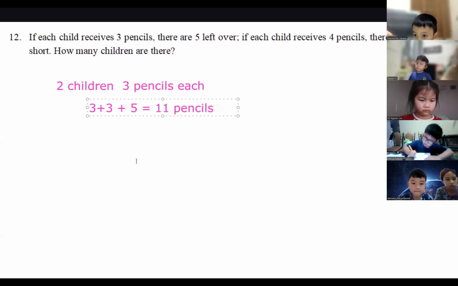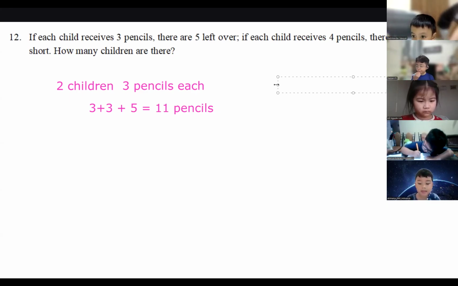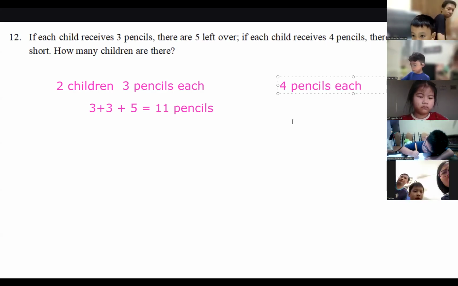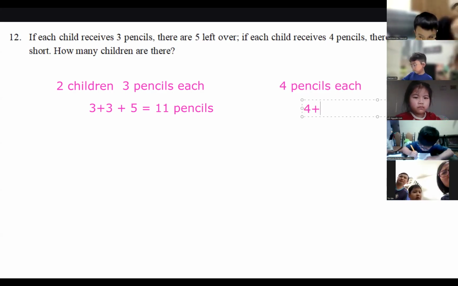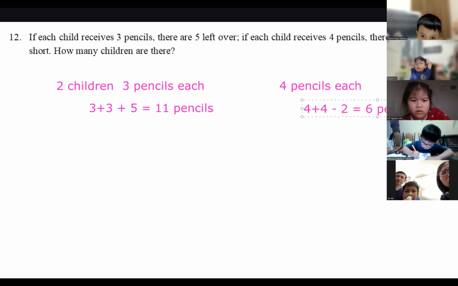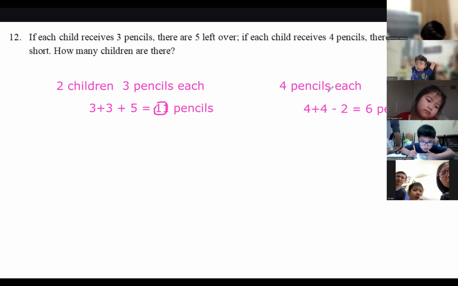And that should be equal to the number of pencils if they are receiving 4 pencils each. So 4 plus 4, and then they have 2 pencils short, so you minus 2, that is equal to 6 pencils. Is 11 equal to 6? No, right? So it is not 2 children.